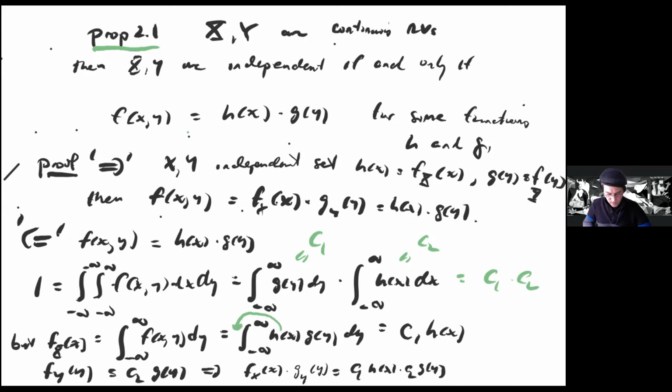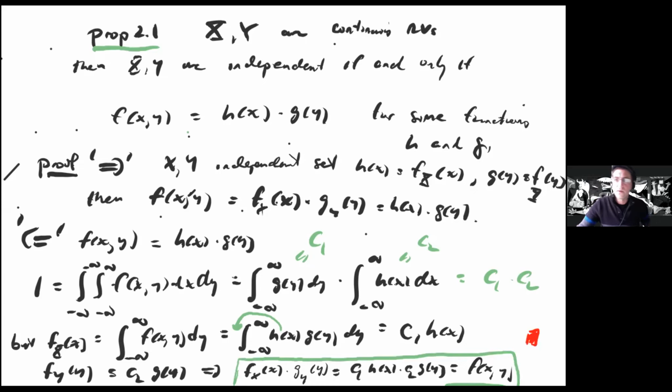The product of C1 and C2 is equal to 1, so this is h of x times g of y. But h of x times g of y is f of xy, and that's what we needed to show. We needed to show this equation held, and it does. The equation in the green box at the bottom, so the proof is done.